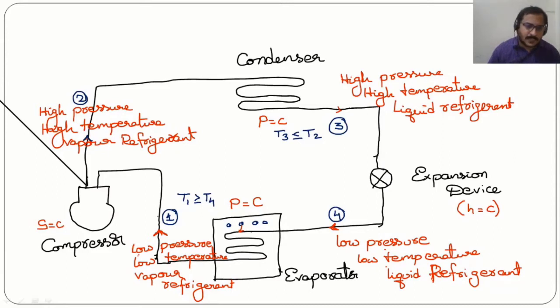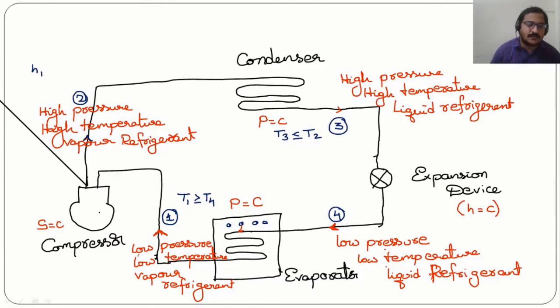Now here, if we apply steady flow energy equation for each of the components, because each component of this particular vapor compression refrigeration system can be considered as an open system. So when we apply steady flow energy equation for the compressor, first of all, H1 is the enthalpy with which the refrigerant is entering into the compressor.